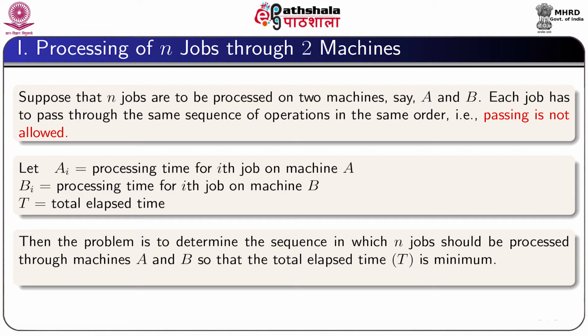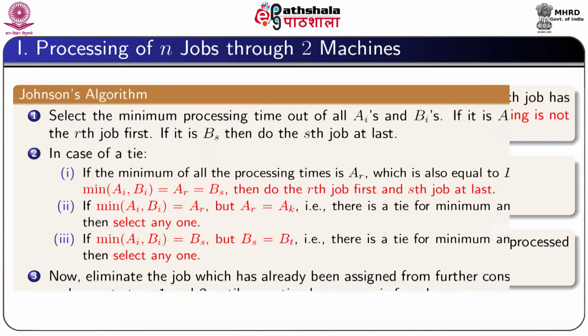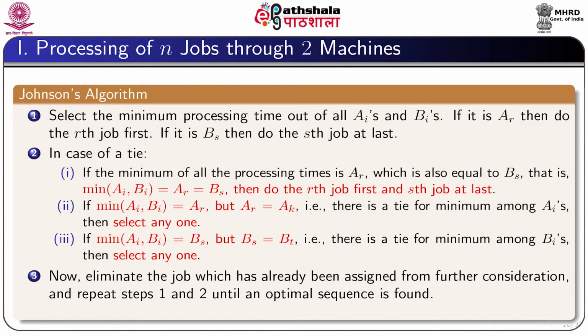Then our problem is to determine the sequence in which n jobs should be processed through machines A and B, so that the total elapsed time capital T is minimum. To solve this problem, we would like to take help of Johnson's algorithm.